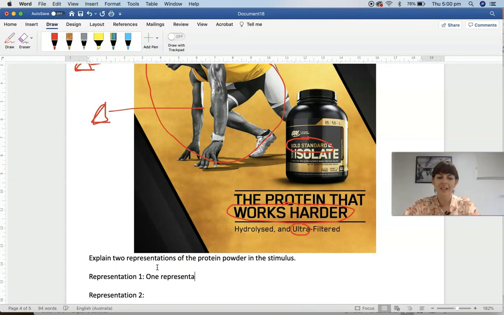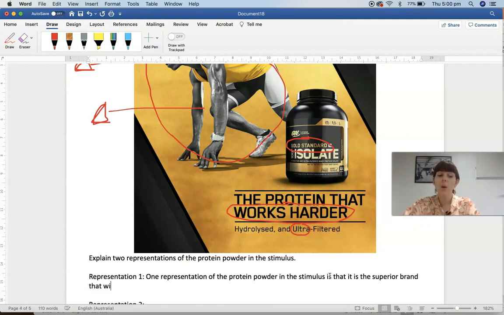One representation of the protein powder in the stimulus. Can you guess it? Is that it is, I might say, the superior brand that will lead to better results.